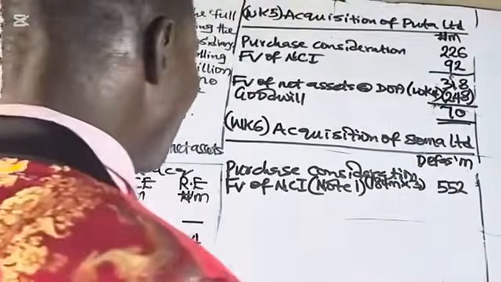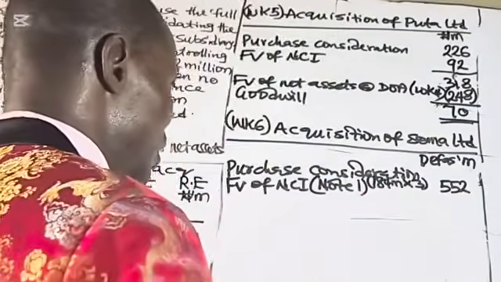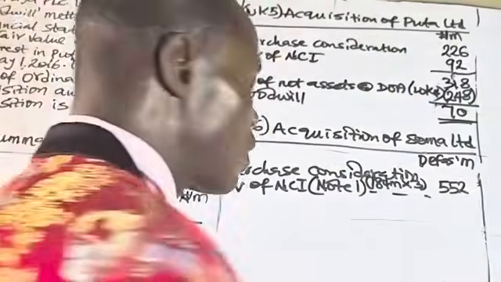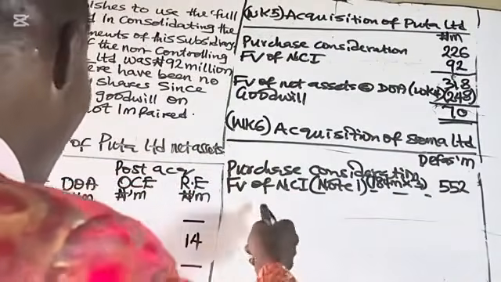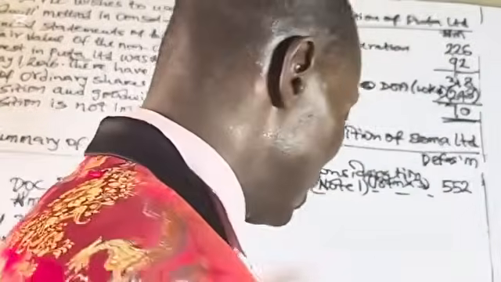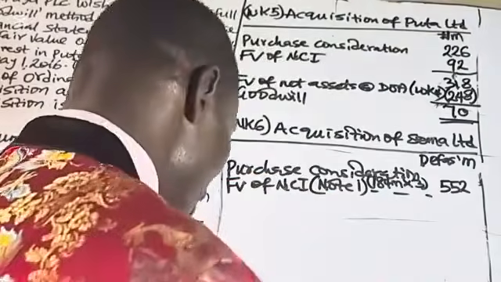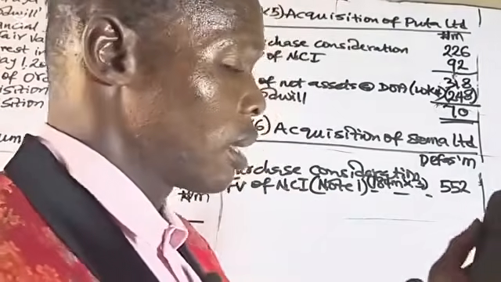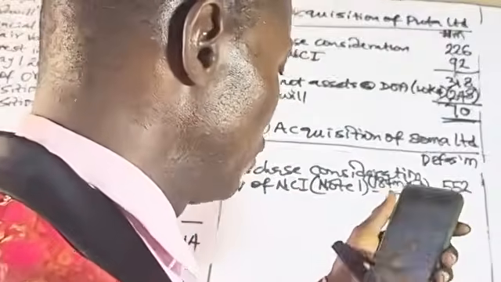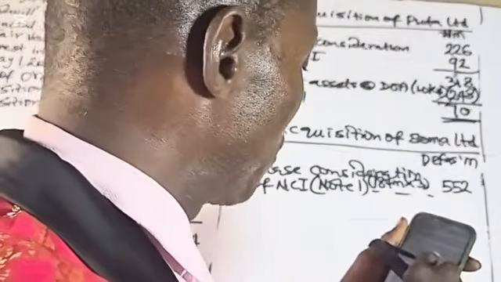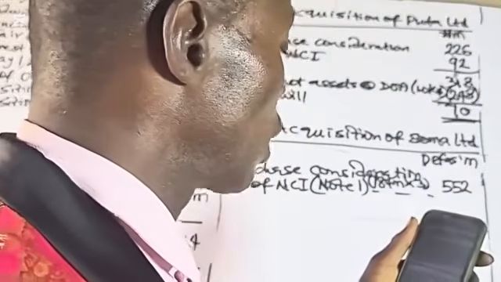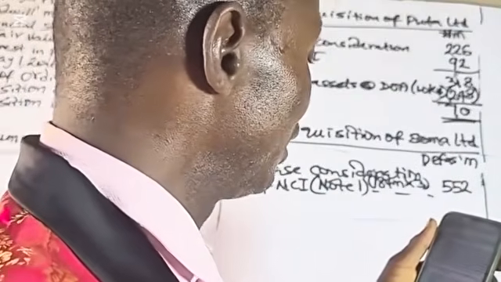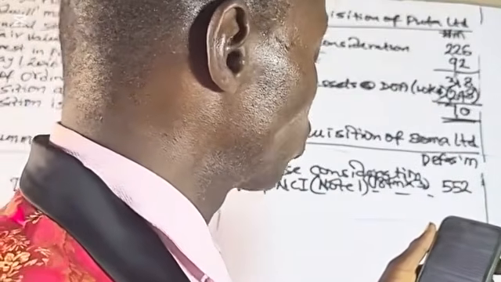Then the fair value of the non-controlling interest on acquisition. Let's go through the additional information, number 1. I've rubbed it off the board, but let me read from the question on my phone. You were told that Rapuya PLC wishes to use the full goodwill method to consolidate the financial statements of Soma.